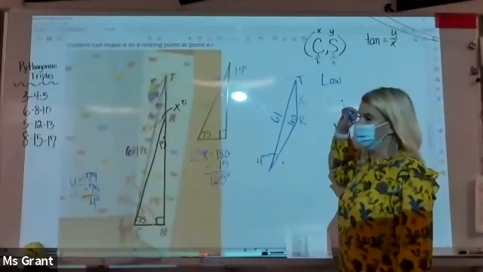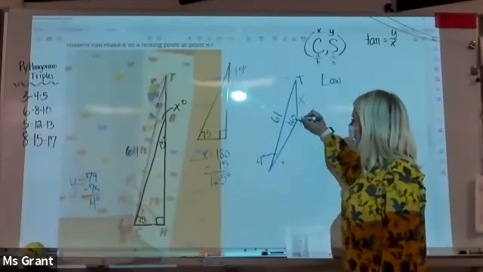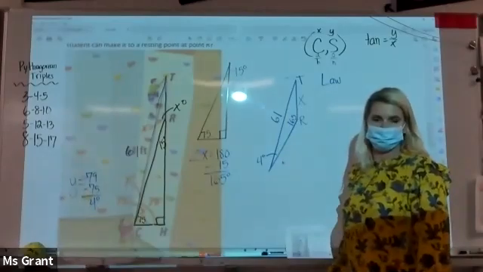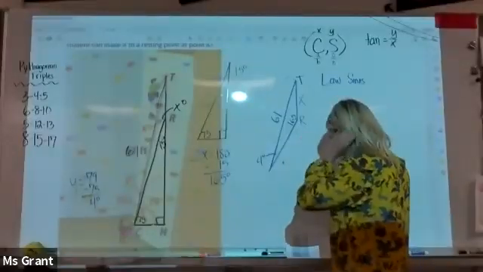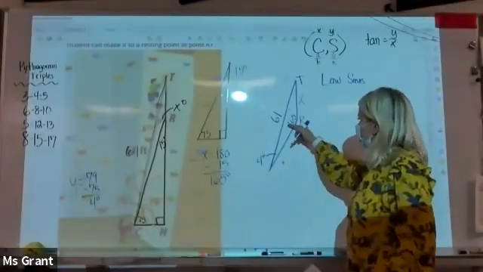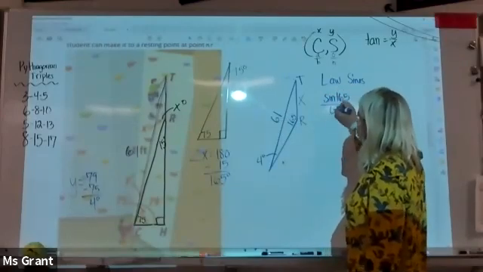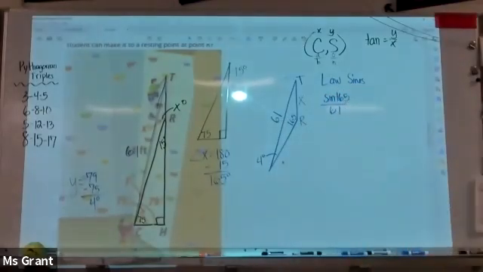Once again, the question is, an angle and its opposite side, an angle and its opposite side. Law of sines. Okay, an angle, 165, and its opposite side, 61.